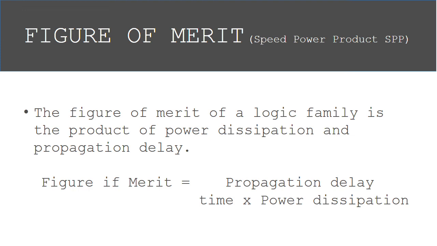The figure of merit is always a compromise between speed and power dissipation. That means if we try to reduce the propagation delay, then the power dissipation will increase and vice versa. The speed-power product is used as a common means for measuring and comparing the overall performance of different IC families.